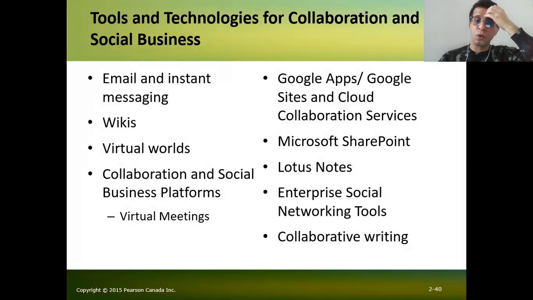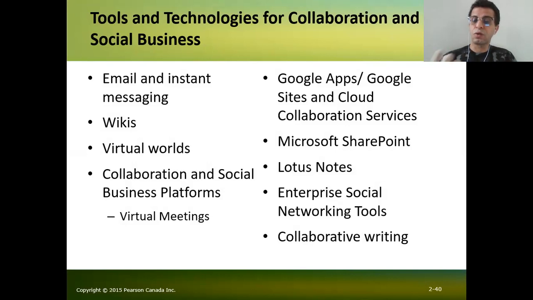Tools and technology for collaboration and social business. Some of them we use are email and instant messaging, wikis, virtual worlds, and sometimes collaboration and social business platforms like a virtual meeting, as we do now.